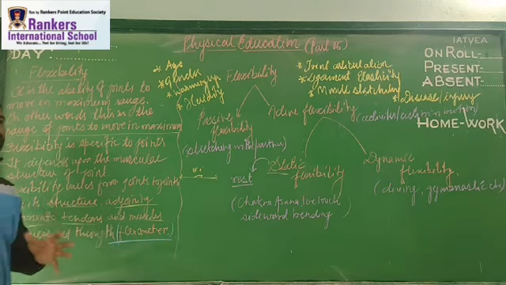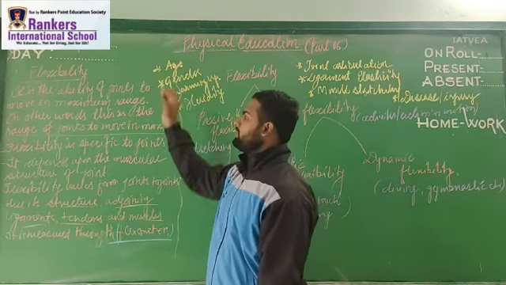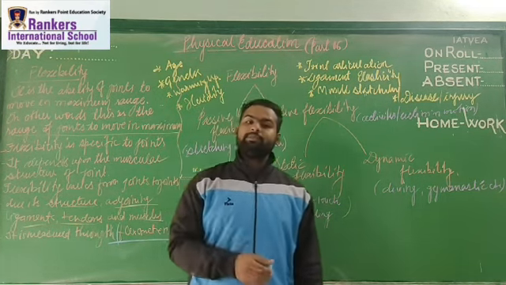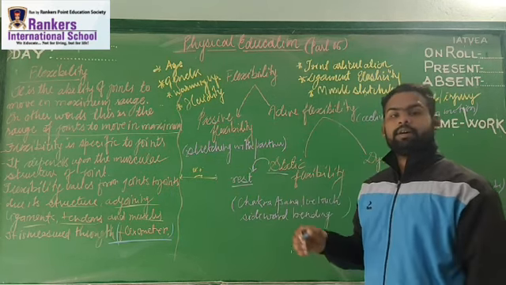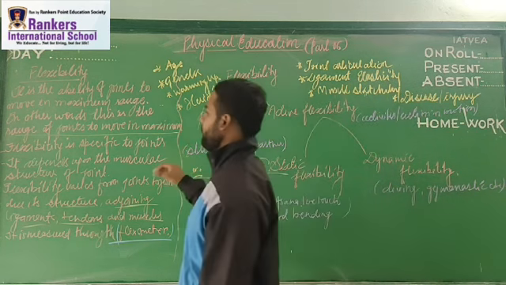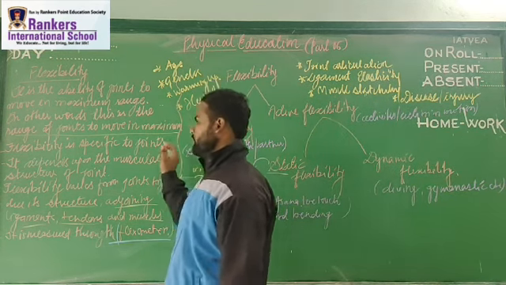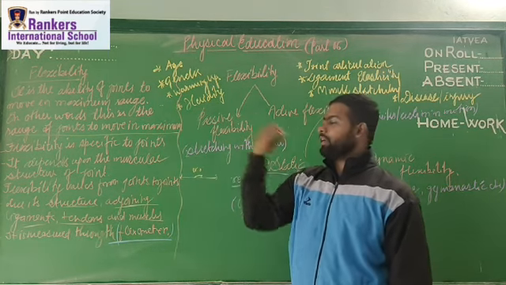So now let's recapitulate what we started. We started with flexibility. Flexibility is the ability of our joints to move in a maximum range, right? Flexibility is specific to joint. I gave you the example of extension and flexion. It depends on the structure of the joint.